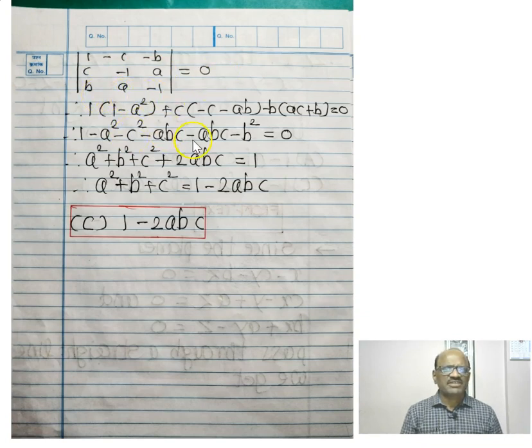Now simplify this determinant, then you will get a square plus b square plus c square plus 2abc equals 1. Therefore, a square plus b square plus c square equals 1 minus 2abc, and hence option C is the correct one. This question is from the textbook.